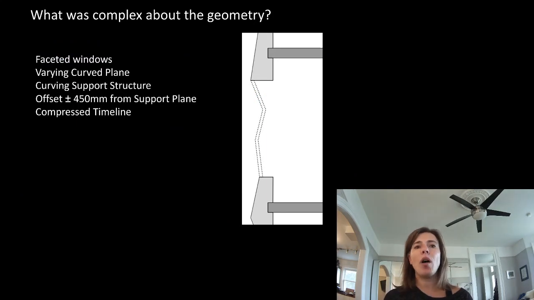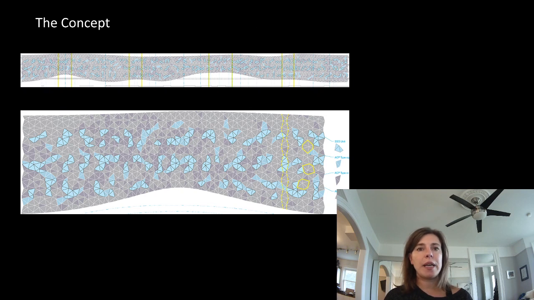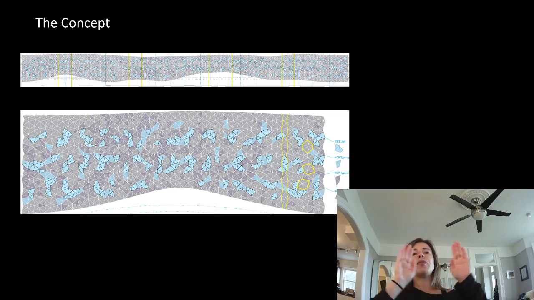So what was so complex about this? Well, we had all of those triangles, so that adds some complexity as well. But what's not apparent from this image, because it's a 2D representation, is actually all of these triangles are faceted relative to each other. So it's not just a flat plane wrapped around it. Every single triangle is at a different plane along that curvature.